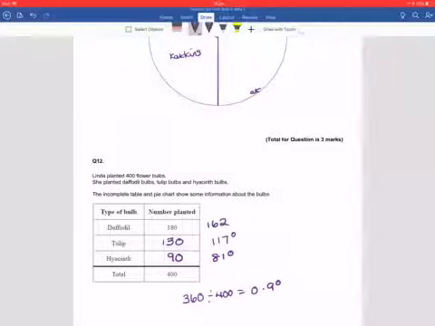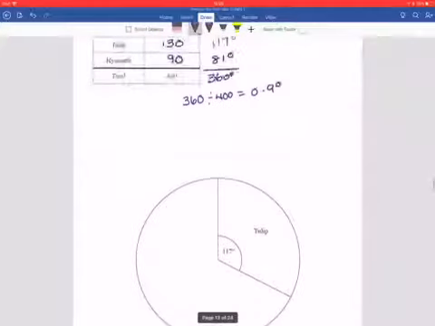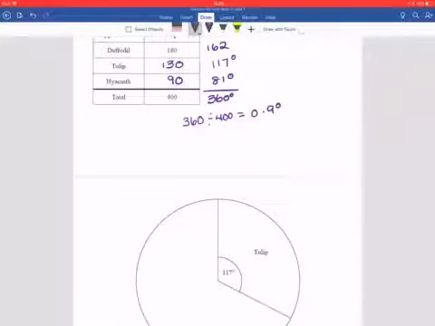And my check is that if I add them all up together, it's all gone quiet, it is 360 degrees. Okay, so I literally need to finish off by doing 162 for daffodils.